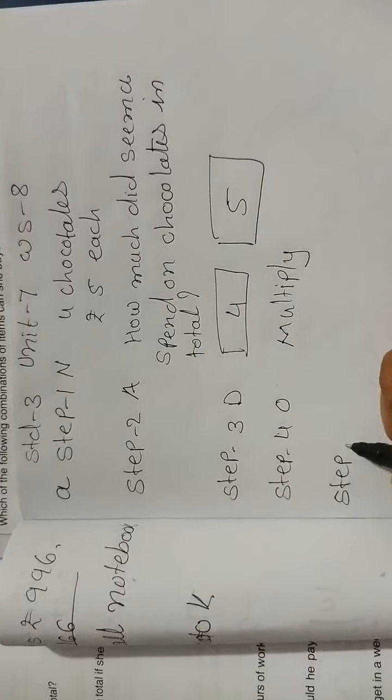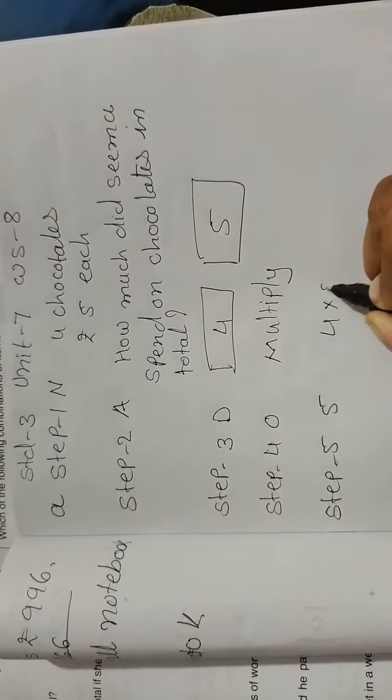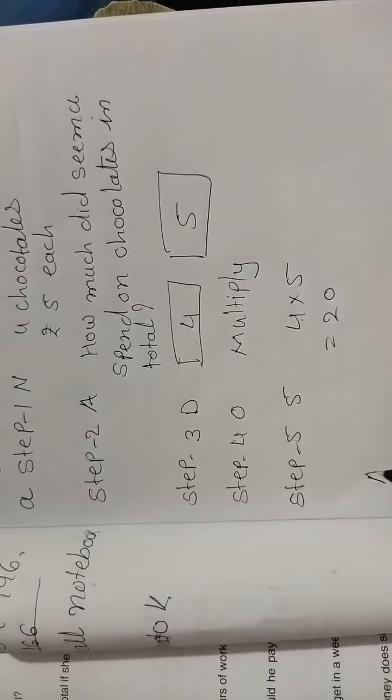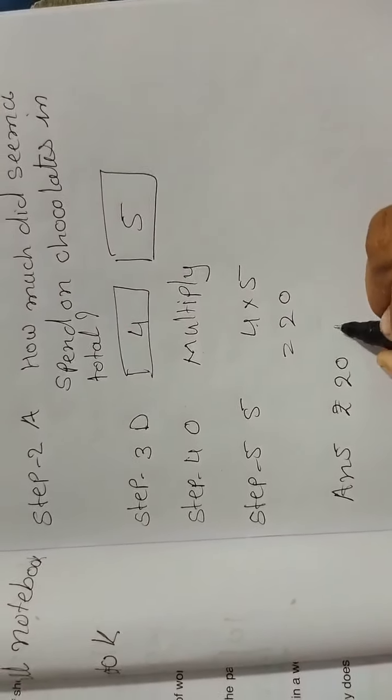Step number 5, solution is there. 4 into 5, 4 5s are 20. So here we have to write the answer. How much did Seema spend on chocolates in total? Rupees 20.